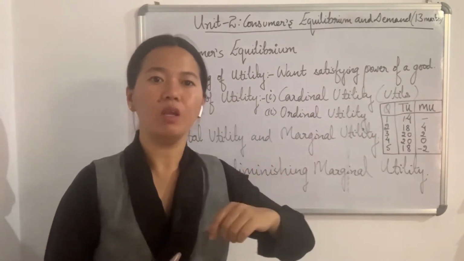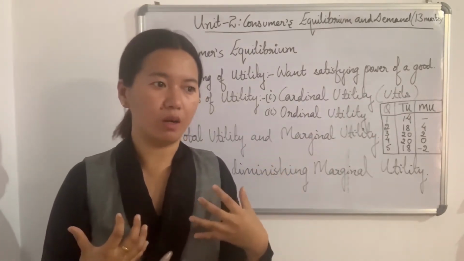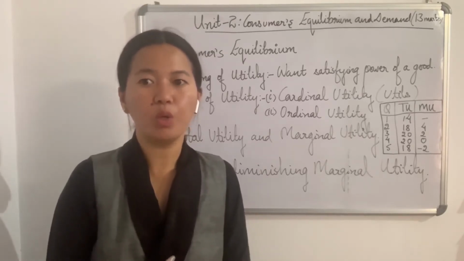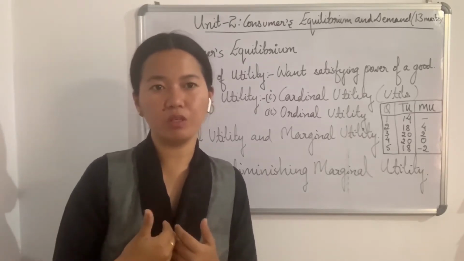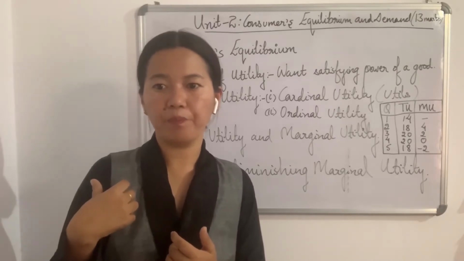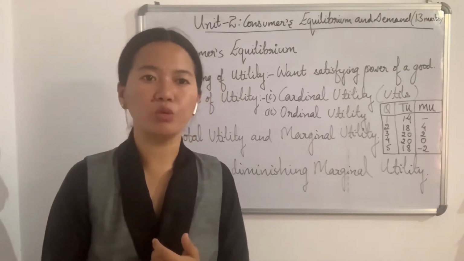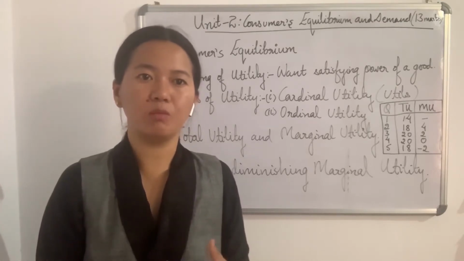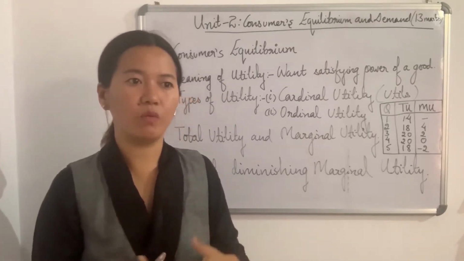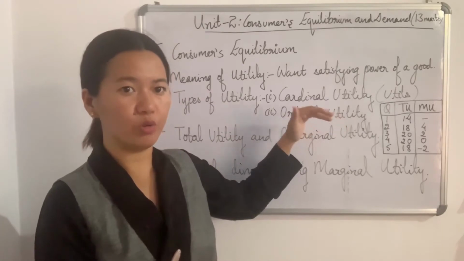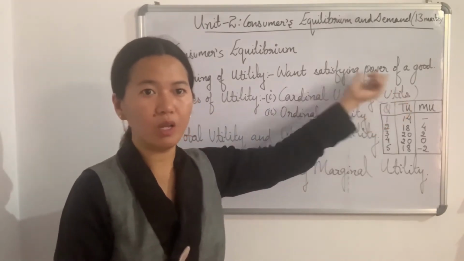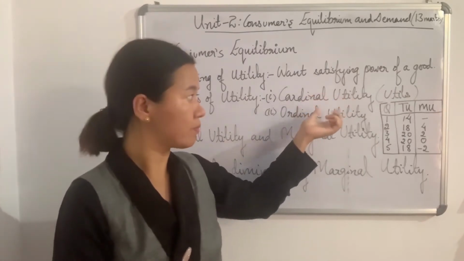Like for example, cloth is measured in terms of meters. If you want to measure distance, then we measure in terms of kilometers. And if you want to measure liquid, then we measure in terms of liters. In this way, we measure satisfaction or utility in terms of utils. This is a measurement unit for satisfaction or utility.